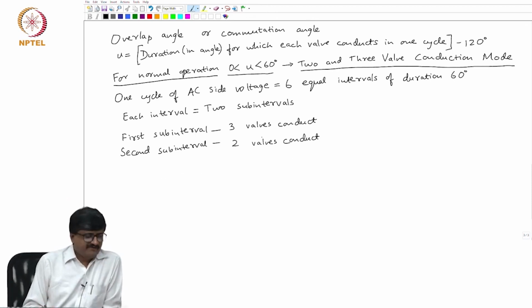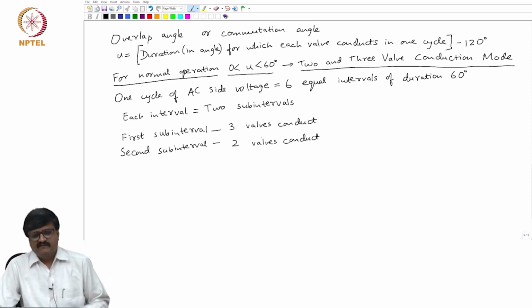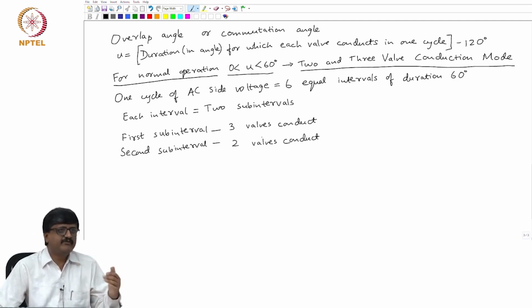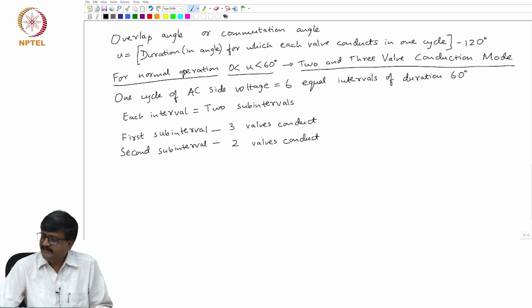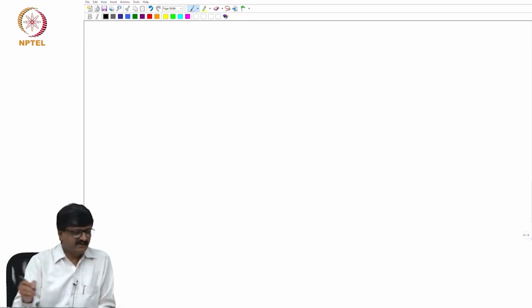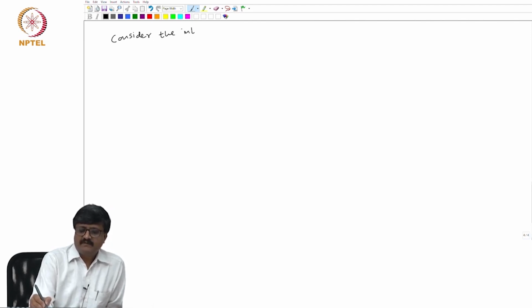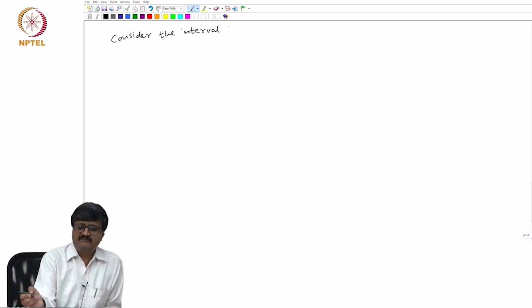So, if I want to analyze, I will take one interval, and we will see that it is sufficient to analyze one interval. We can in fact get the entire waveform of any quantity either on the DC side or the AC side. So, let me take one particular interval and analyze it in detail. So, consider the interval. Can you suggest what interval we can take?